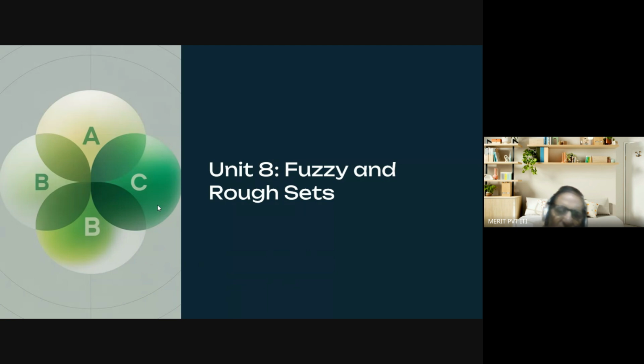So fuzzy and rough sets. Rather than simply talking in terms of 1 or 0, it is a value between 0 and 1. That type of thing is fuzzy logic.